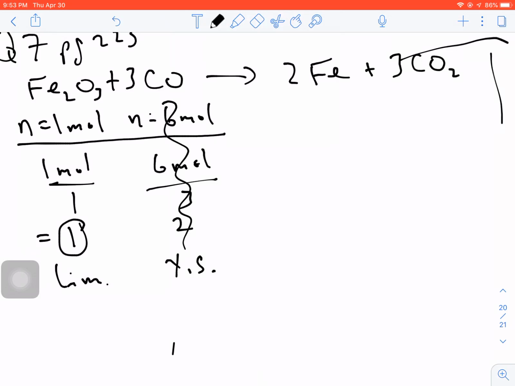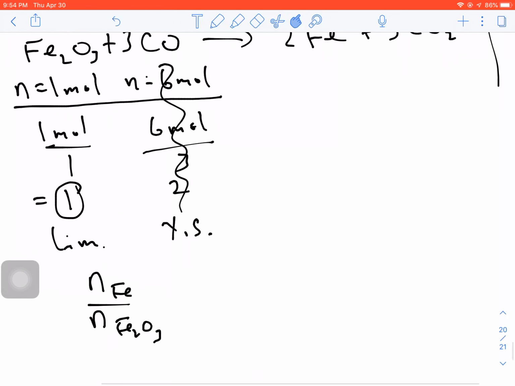And now I'm going to do my mole ratios. My mole ratio says the number of moles of my unknown, which is iron, divided by my number of moles of known, which is Fe2O3, is equal to the number of moles of iron in the balanced equation divided by the number of moles of Fe2O3 in the equation.